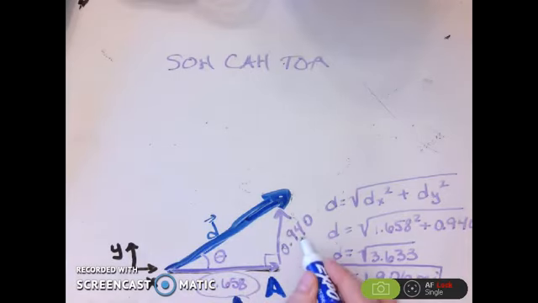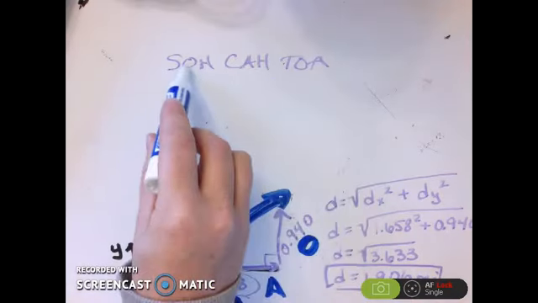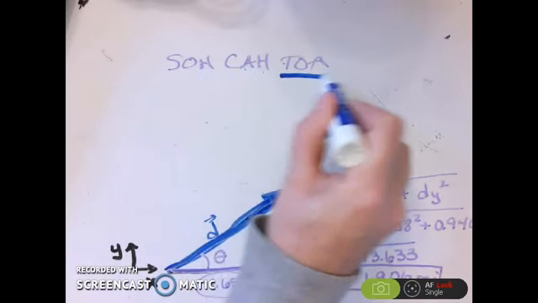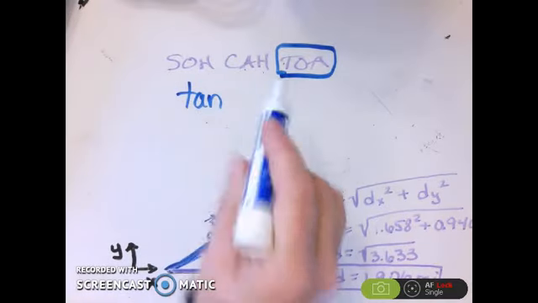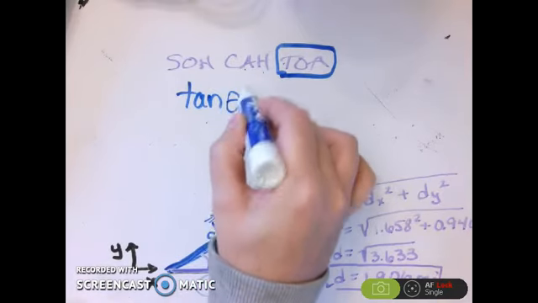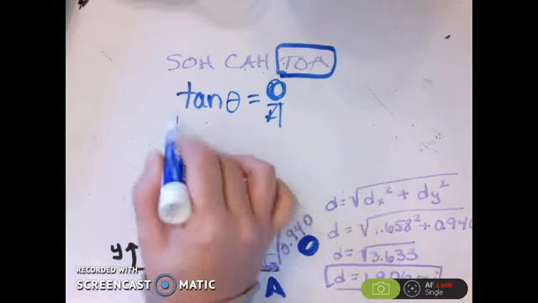This side over here is another one we know. That's opposite. So the key formula: there's an O here but no A, and an A here but no O. OA right there. Tangent theta is equal to opposite over adjacent.